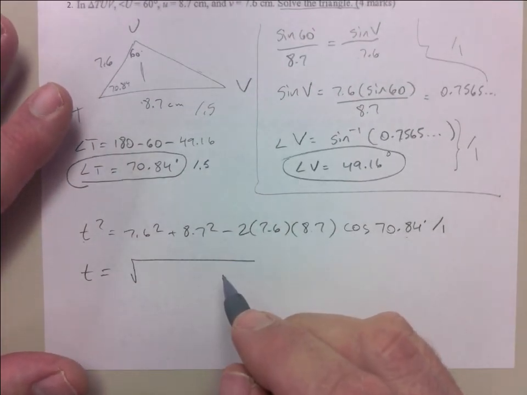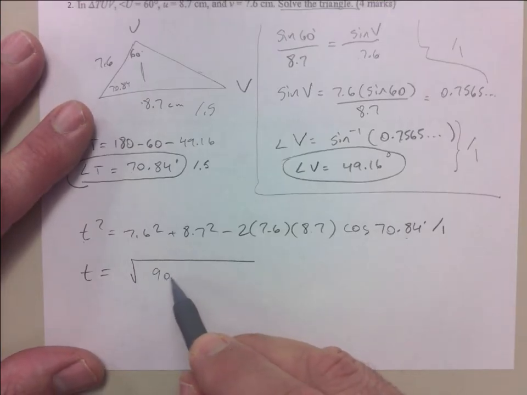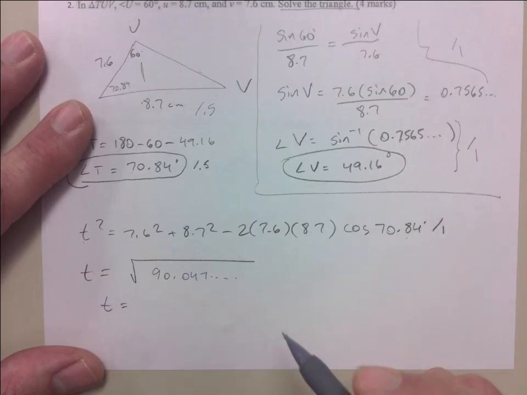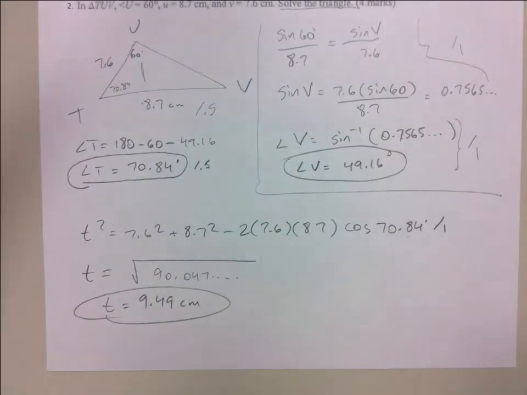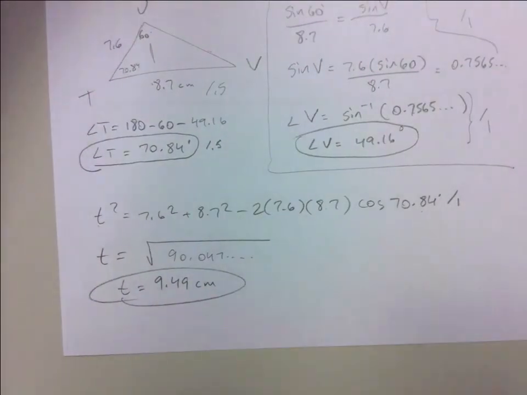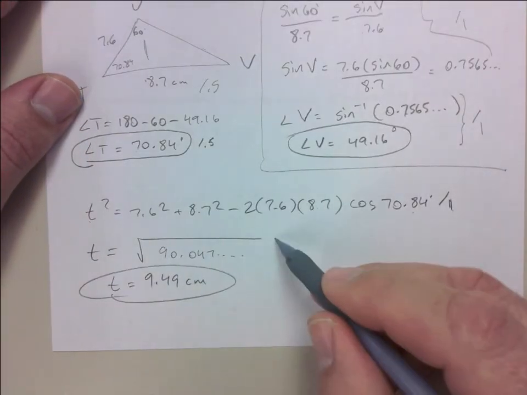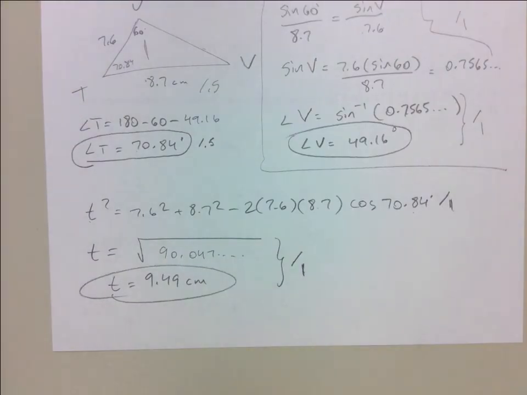This way you get, in the root, 90.047 something. So T is 9.49, and I used sine law, and I got the exact same thing on my key. So 1 mark for the setup, and 1 mark for the correct work and final answer.